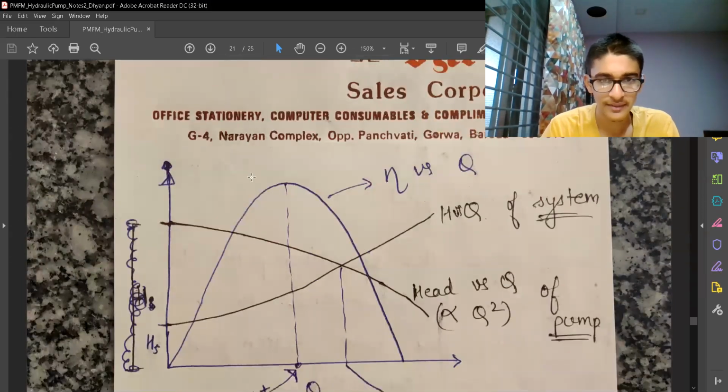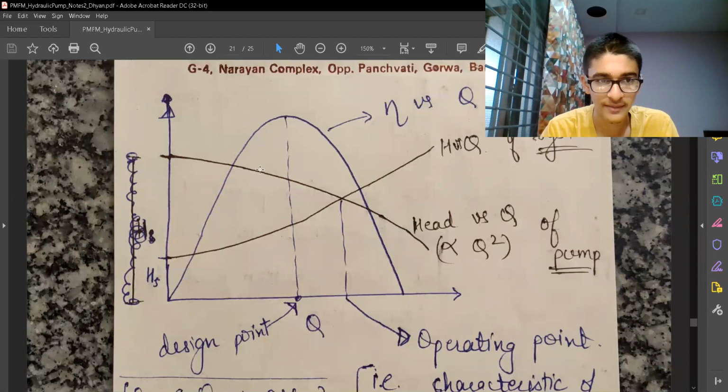So now let's see the curve which is related to that. So we have head versus discharge, and this was efficiency versus Q. This is one of the performance characteristics which I am introducing right now. So this is efficiency versus flow rate. This is a bell-shaped curve, and we have a design point where my efficiency is maximum.